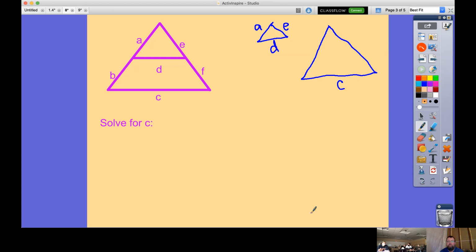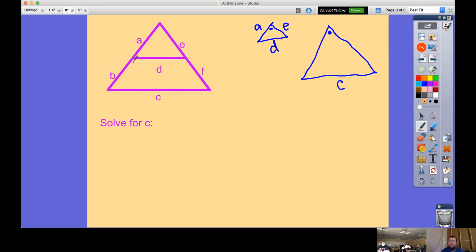Yes. How do you know? Angles. I don't know where you're getting 4 triangles from, but similar. We do know that our top angles are going to be the same, right?